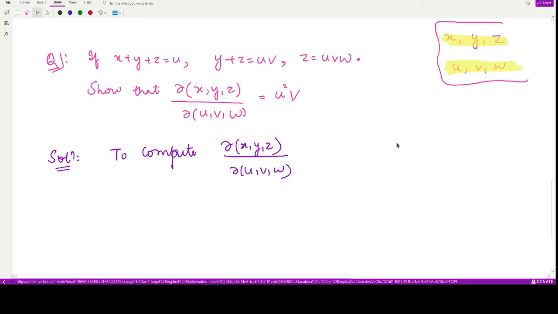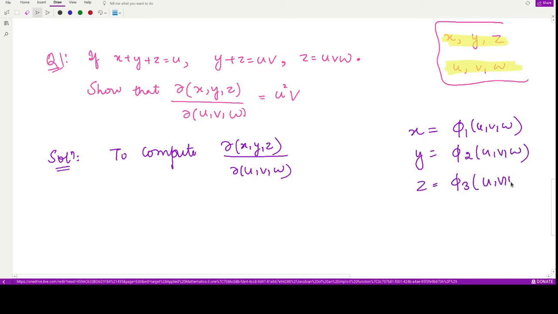Because you cannot write x as some function of u, v, w directly, as they are mixed up, firstly you have to solve these equations to obtain relations of this kind: x is equal to some function of u, v, w, y is equal to some other function of u, v, w, and z is equal to some third function of u, v, w. In this case, we will construct this function f1, which would be equal to x plus y plus z minus u equal to 0, using the given equation. Using this equation, we have shifted u to the left hand side.